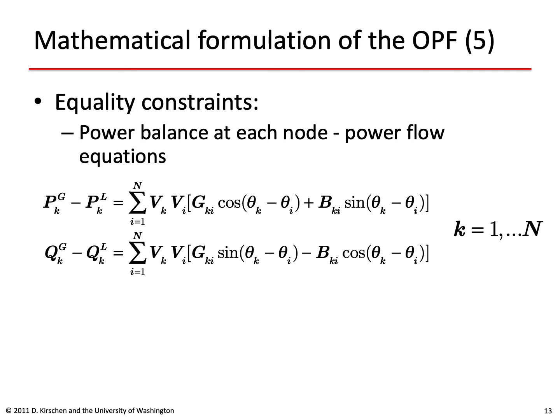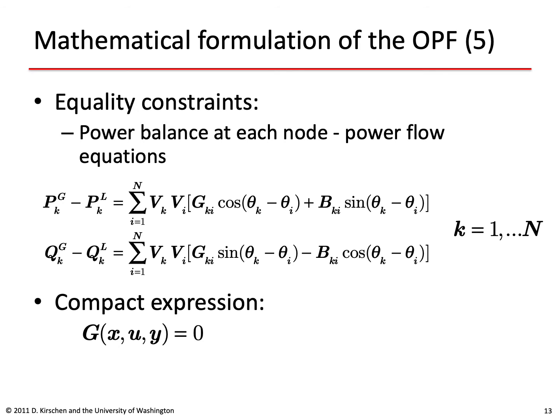These power flow balance equations will force changes in the state variables, the voltage magnitudes and angles, as the control variables, for example, the power generated by the various generating units, change. A compact expression for that will be that the function capital G of the state variables x, the control variables u, and the parameters y must be equal to 0.